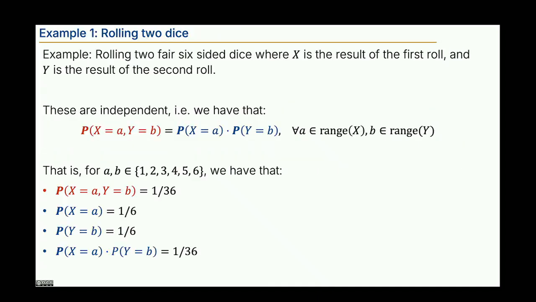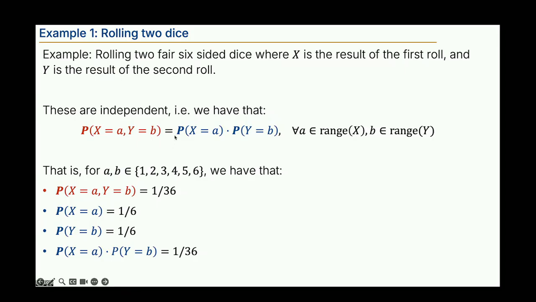Okay. All right, so let me give you an example. Let's start with dice, which feels almost exactly like counting. Let's say we're rolling 2 fair 6-sided dice. This time they're fair. Good. And let's say X is the result of the first roll and Y is the result of the second roll. Very similar to coins.